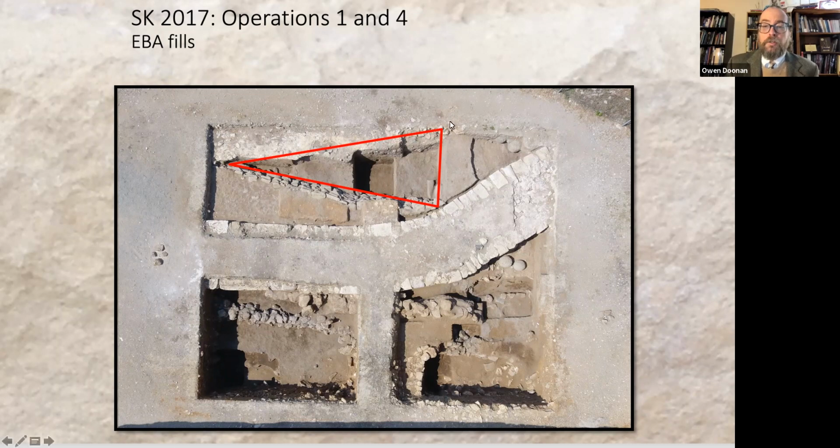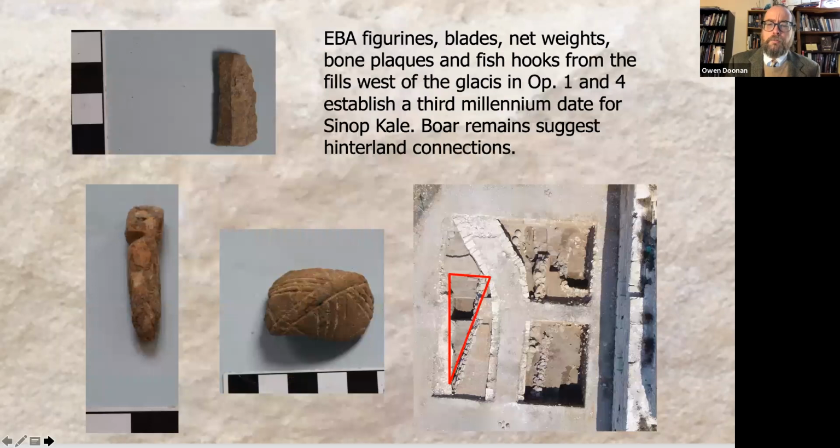These were all sort of fills, so they weren't undisturbed, but they included a high proportion of really early looking material, some of which, even in our first season, we started to think may well date all the way back to the 3rd millennium BC. Here we see some of the finds. These incised spindle whorls, for example, are very typical of the early Bronze Age in our region.